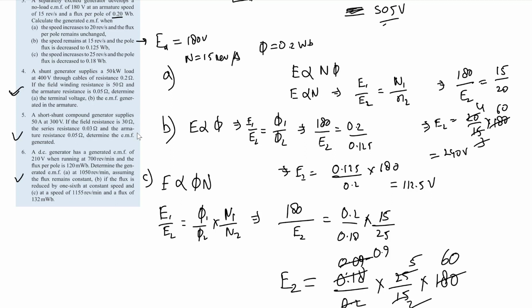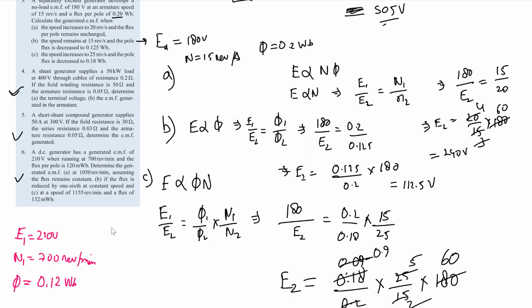So here E1 is given as 210 volt, N1 is given as 700 RPM, and the flux per pole phi is given as 120 milliweber. 120 milliweber means 0.12 Weber.